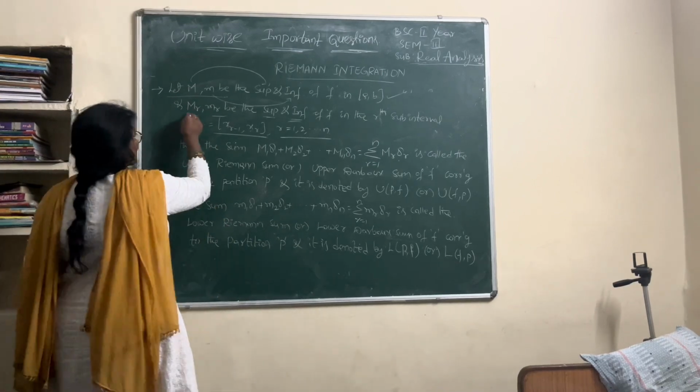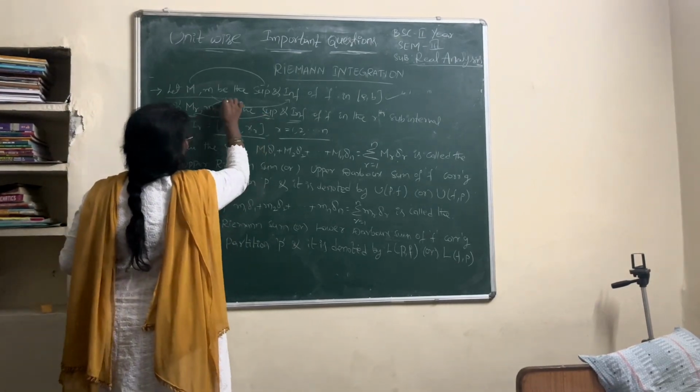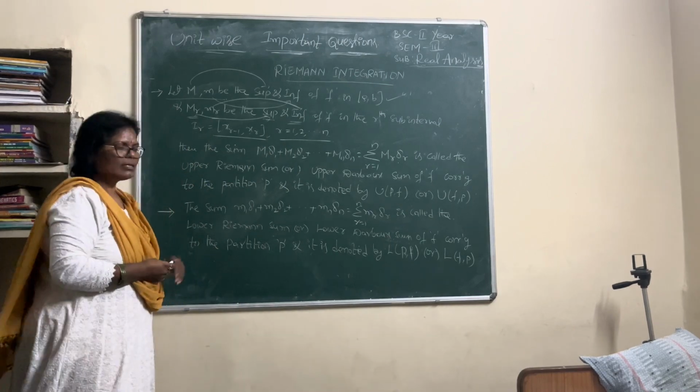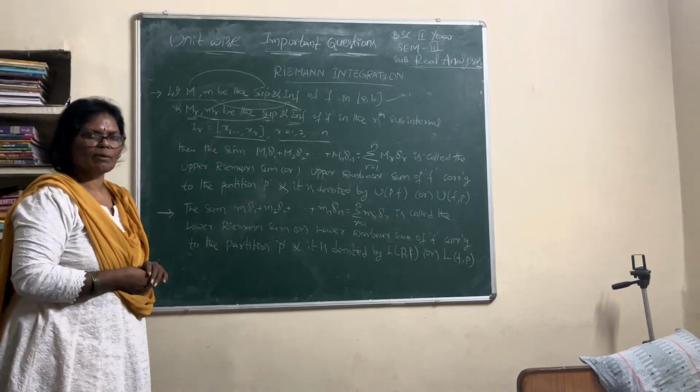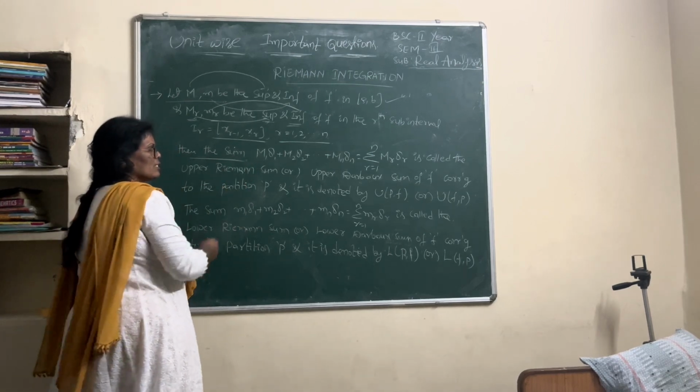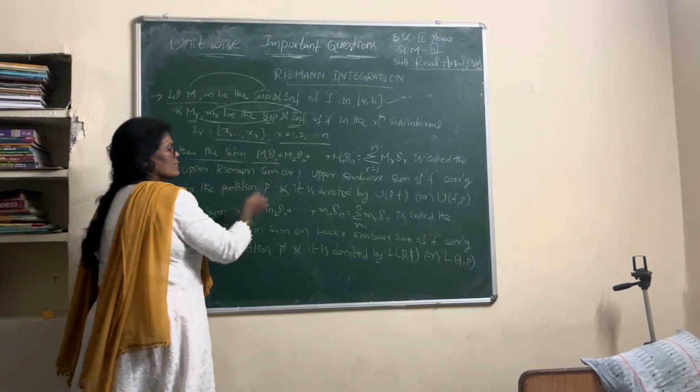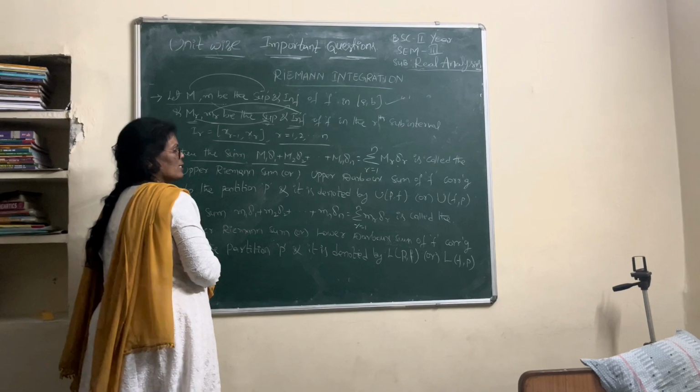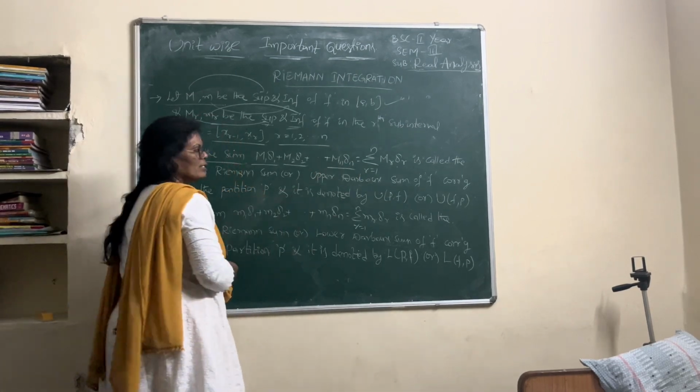So capital Mr is the supremum and small mr is the infimum in this interval [x(r-1), xr]. So the sum is capital M1 delta 1 plus capital M2 delta 2 plus, so on, capital Mn delta n.